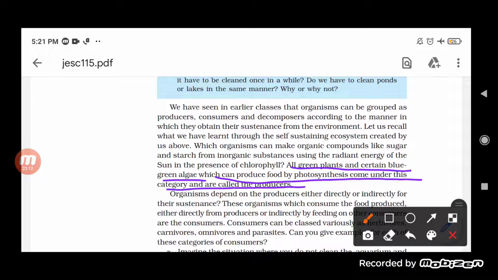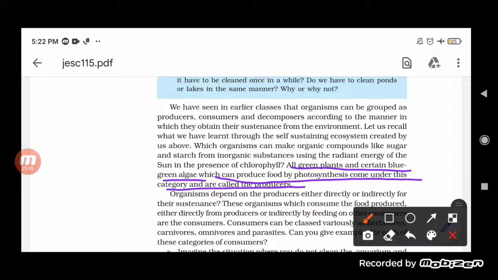If we talk about the division of the consumers, it will include the herbivore, carnivore and omnivore. Herbivores are those animals who eat plants and their products. In the case of a herbivore, we are taking the plant directly, so there we are dependent on the plant directly.